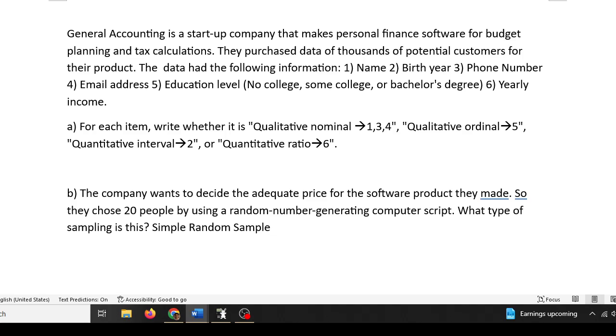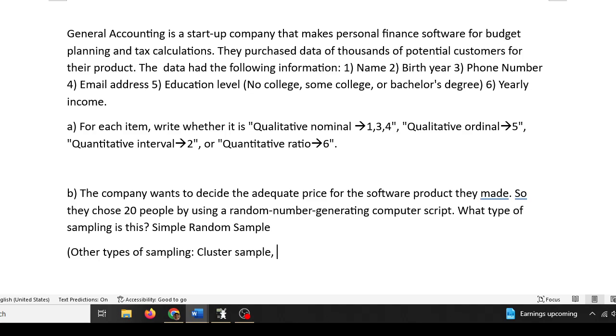Now, you should remember all the other types of sampling. So other types of sampling are, there's a cluster sample. So this will be when you take the customer list and look up just one region and take everybody there.